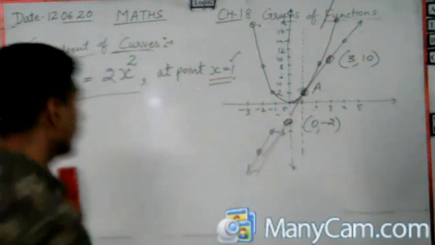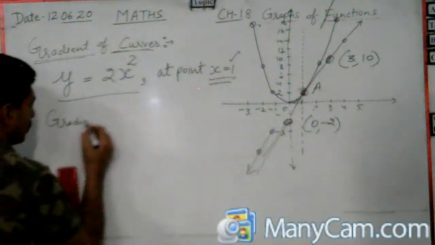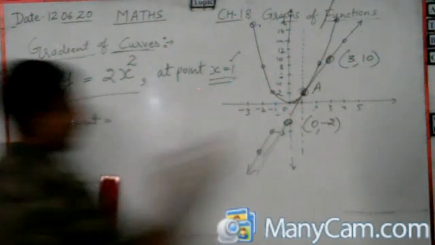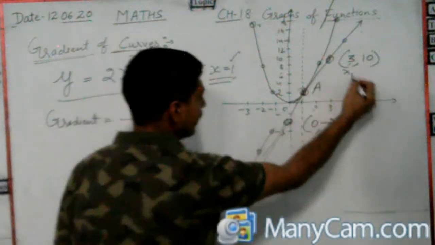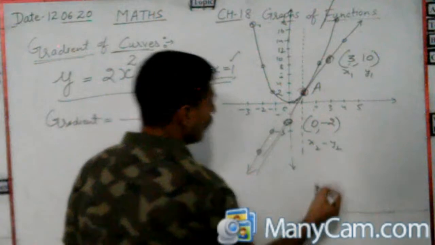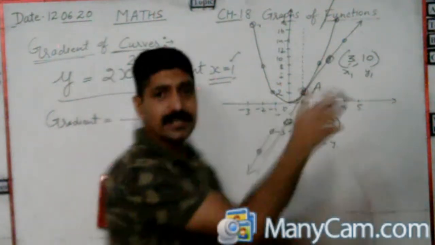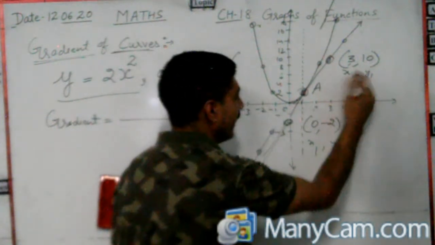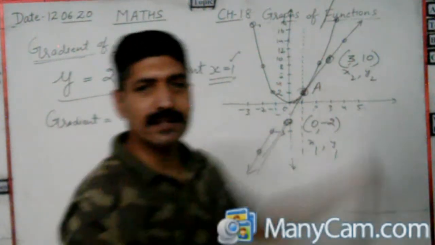So for the gradient, you can change which is x1, y1 and which is x2, y2, whatever you want. It hardly matters because these are variables.